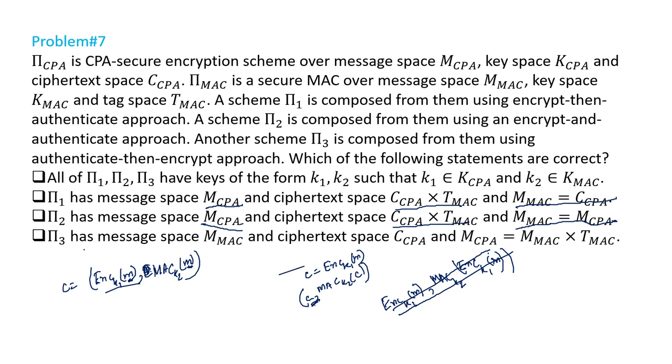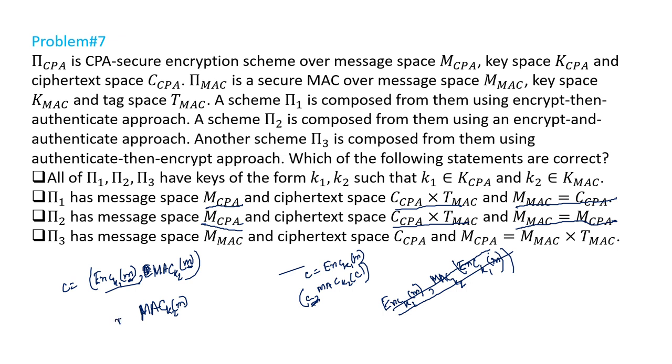And for the last option, Pi3 has message space MMAC and ciphertext space CCPA. So Pi3 is the authenticate then encrypt approach. So you first run the authentication on the message.